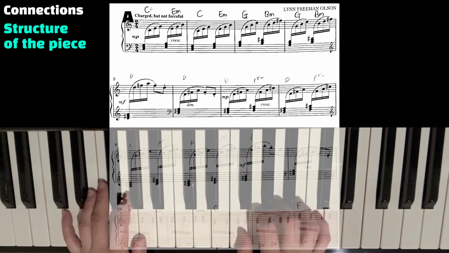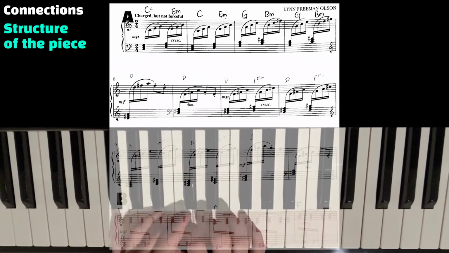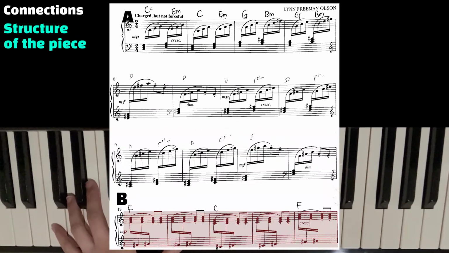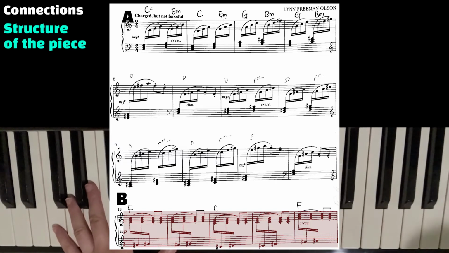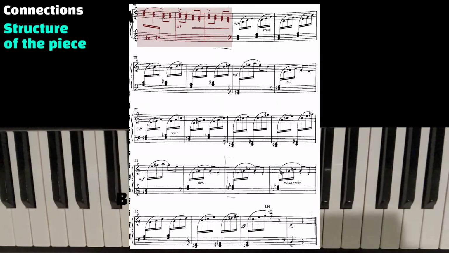Your right hand plays the chord and your left hand plays several other notes. So the texture of the notes changes. From measure 13 to measure 20, that's going to be the B section.